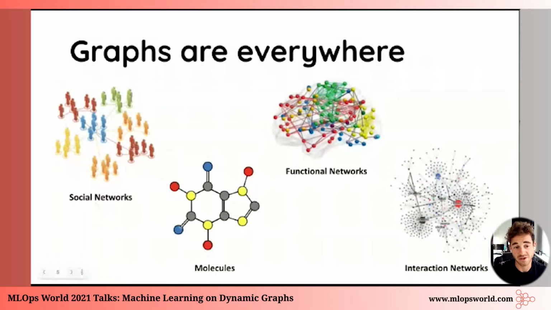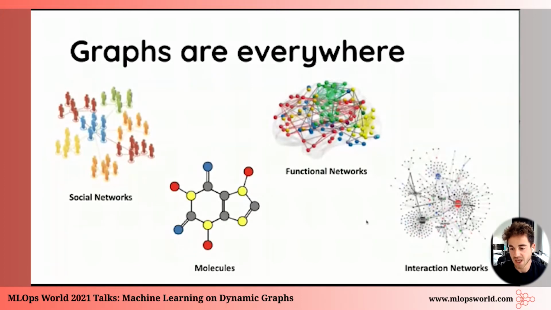But then there are many other examples. Here on the bottom, we have molecules. In molecules, you have nodes, which are the atoms, and edges, which are the bonds between the atoms. Molecules can be represented fairly well by graphs, but also functional networks of the brain, where regions that work together in the brain are connected by an edge.